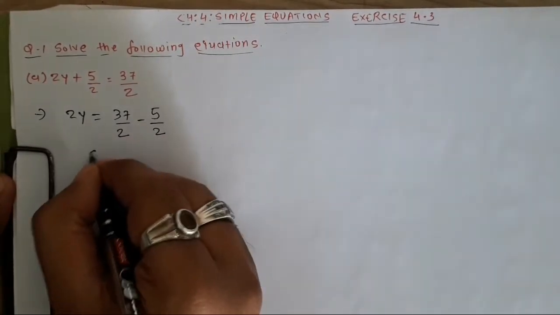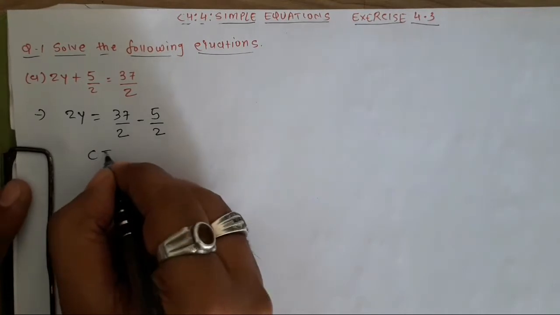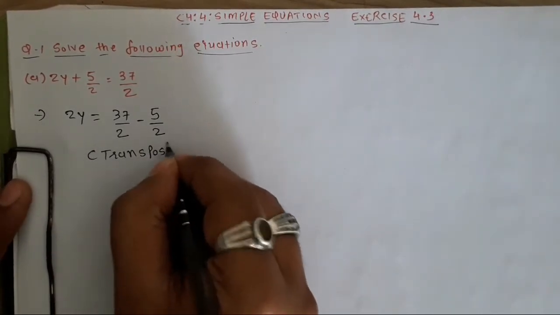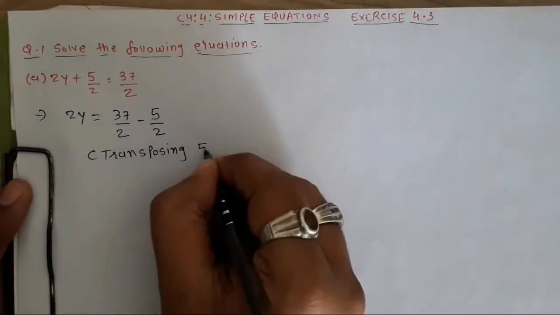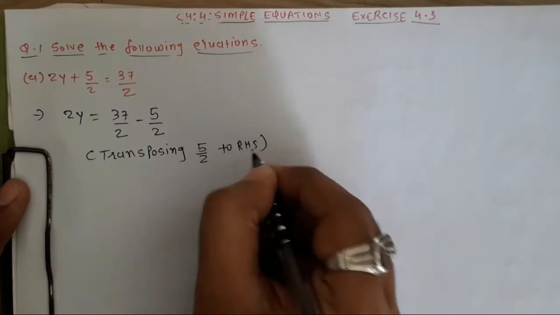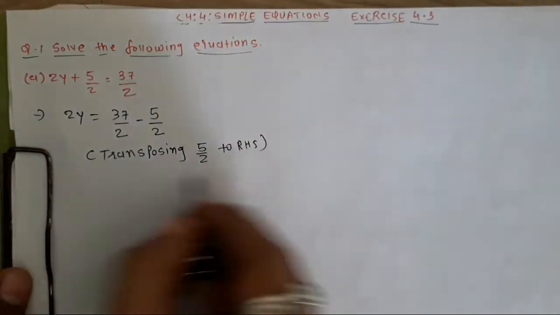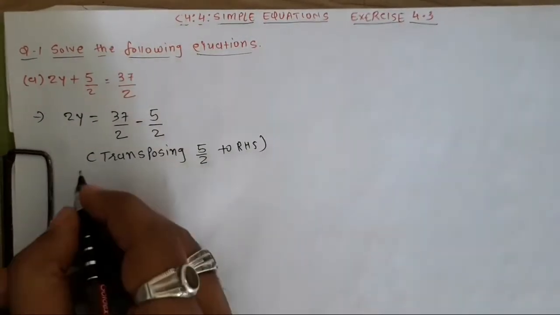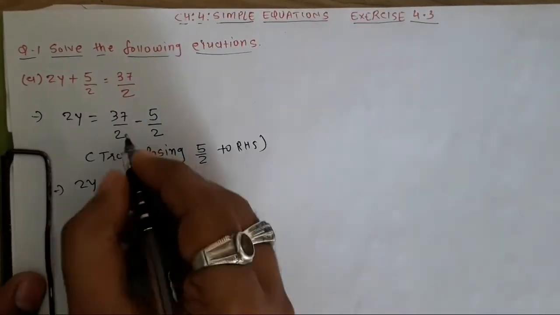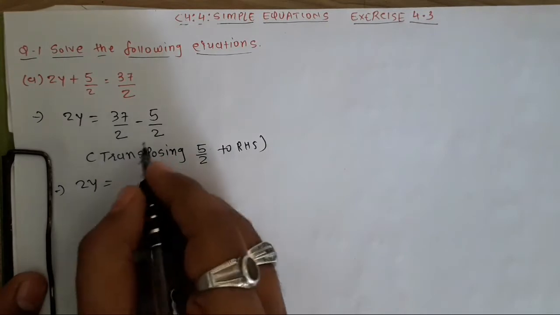Or here, if steps are asked in the exam, then you may write transposing 5 by 2 to RHS. Now here 2y is equal to, the denominator is the same on both sides, 2 is there.